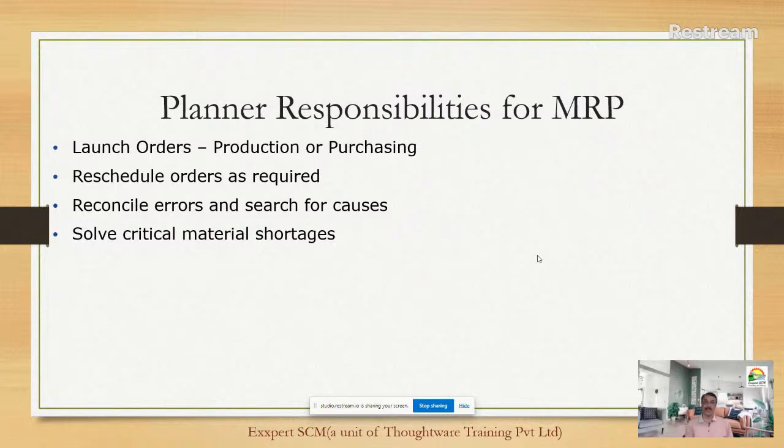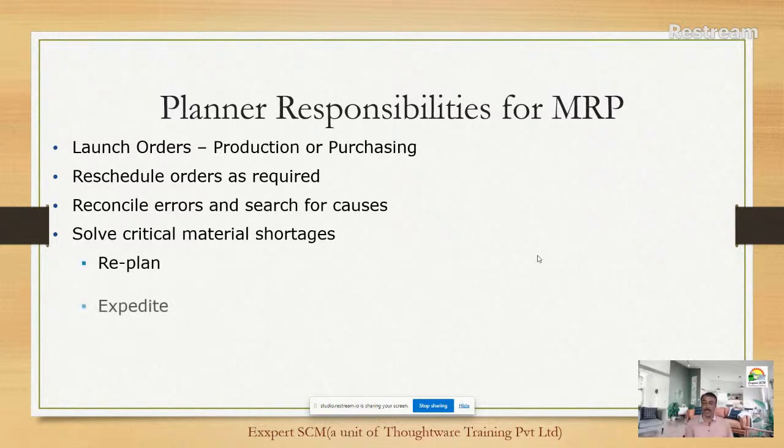critical material shortage. Here the planning role is also to ensure timely availability of material, but in practice there can be a lot of practical problems, that material has not come or there is a quality rejection. So some type of expedition is required.